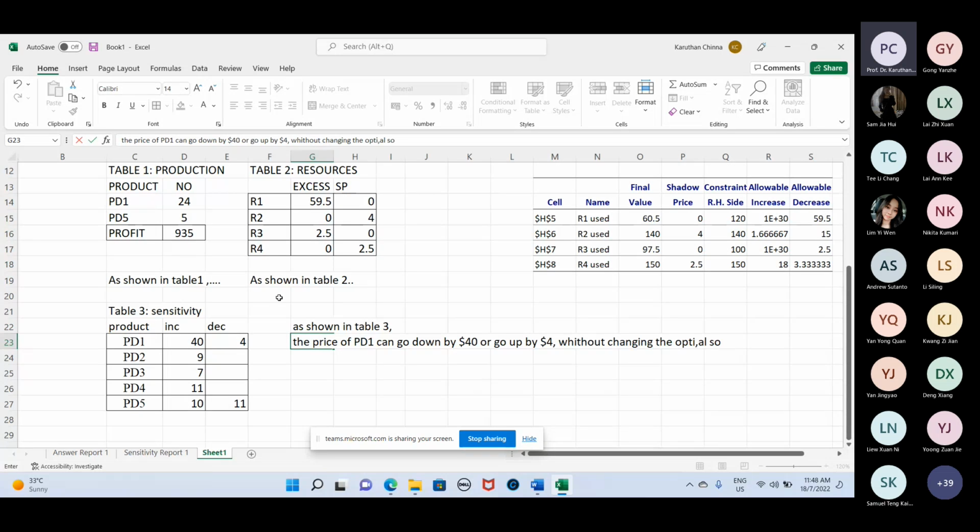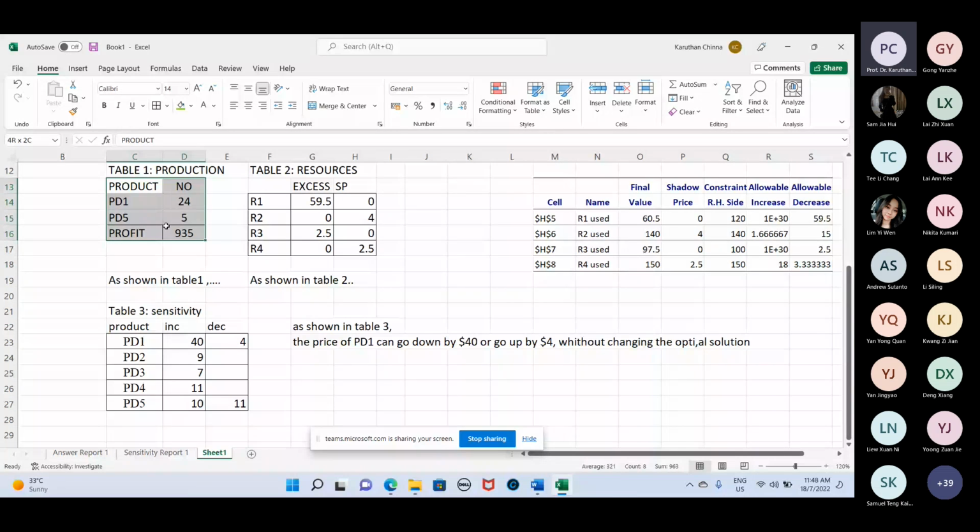The optimal solution here refers to this. That's the optimal solution. Number of products, profit won't change.